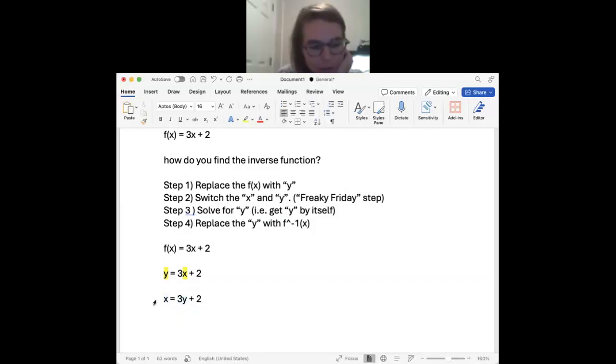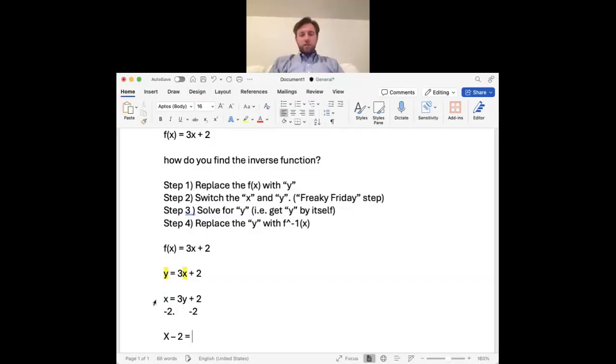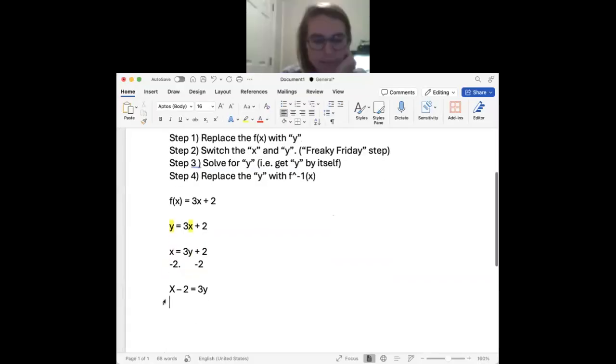Subtract it from both sides. Subtract 3y from both sides? I guess to make it easiest, subtract 2 from both sides. So x minus 2 equals 3y, and then what?